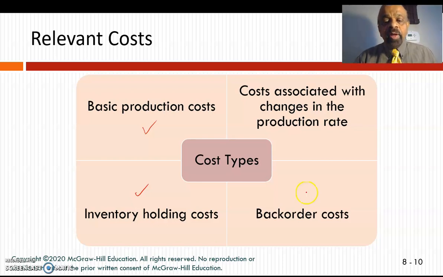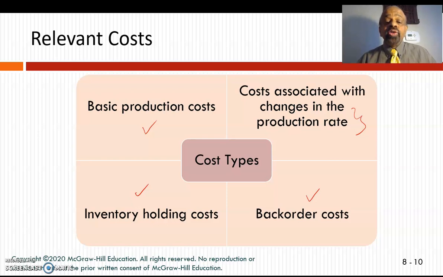If I do not make X number of units, those are the back order costs. It's not yet completed. So I'm going to have a demand and I'm going to produce less than that demand, so I have some back orders, and that is also going to cost me. There are also costs associated with production rate changes.